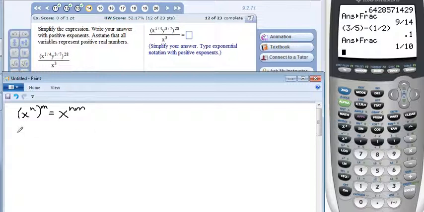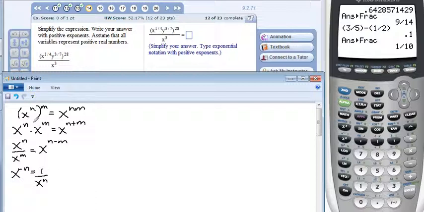We're going to use that in combination with the other rules. Those are my basic rules there. Powers of powers is multiplication, multiplication is addition, division is subtraction, and we can always switch the level for negatives.